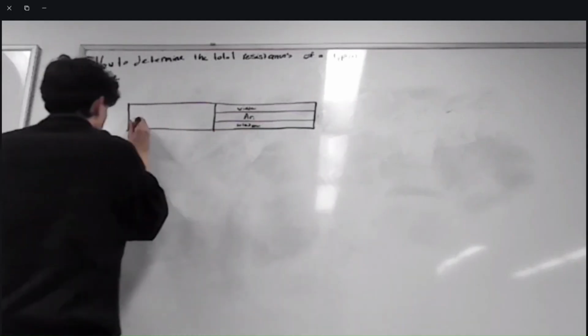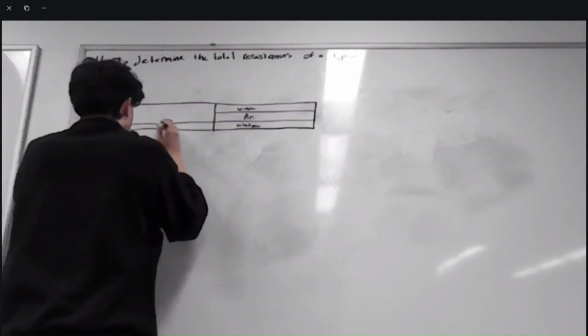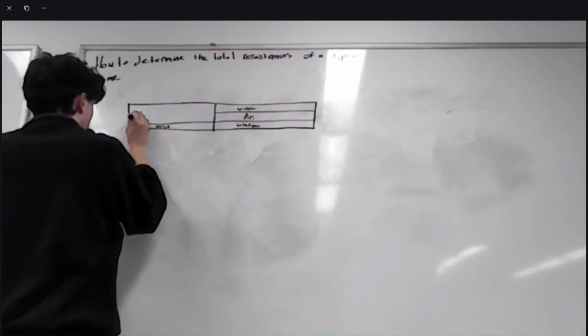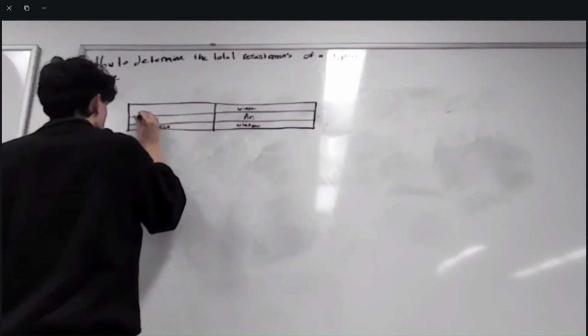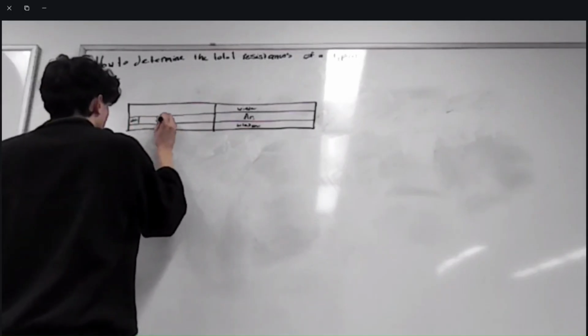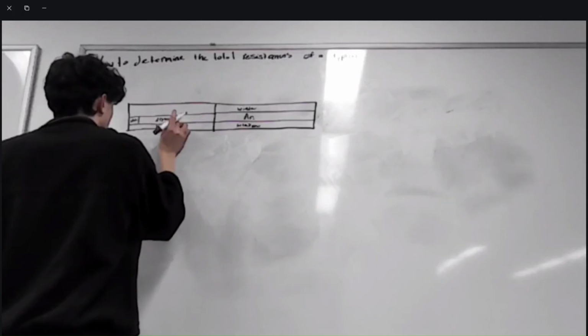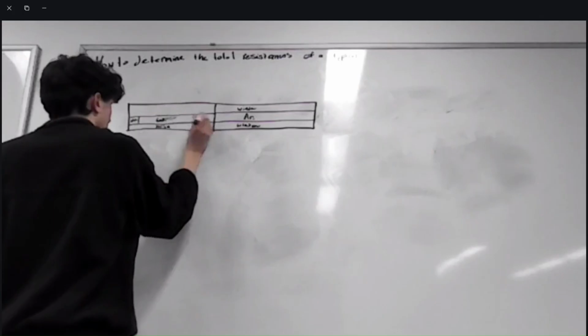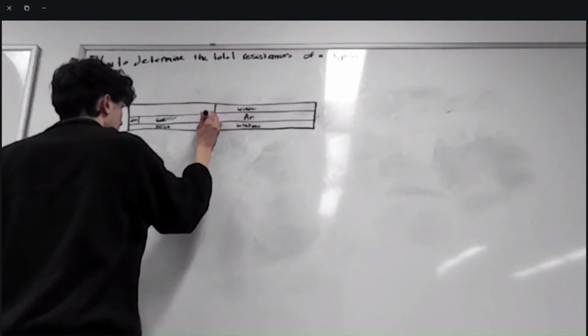And then on the outside we're going to have brick. And then we will have drywall and studs. Or insulation, excuse me. Insulation and studs.